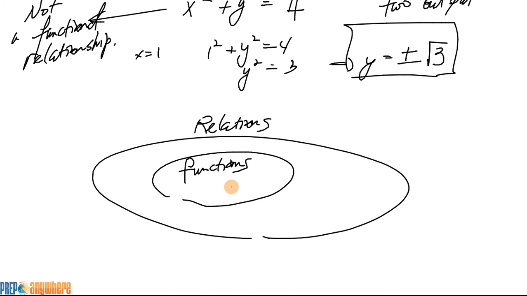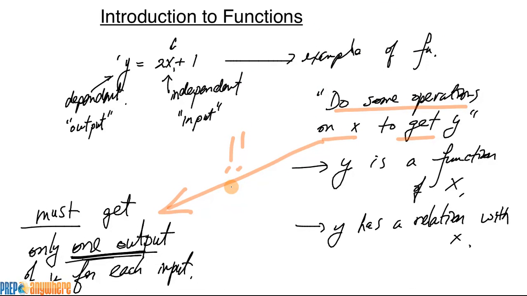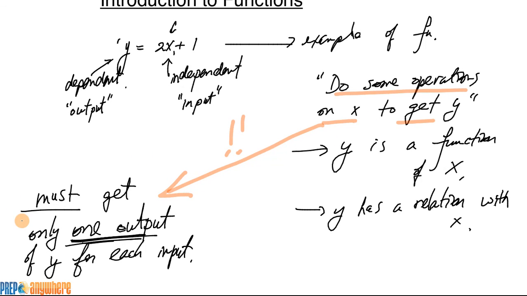Okay, so let's just recap. What is a function? It's a relationship between x and y where for each input there's only one output. That's the definition.